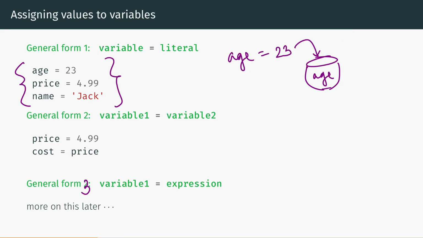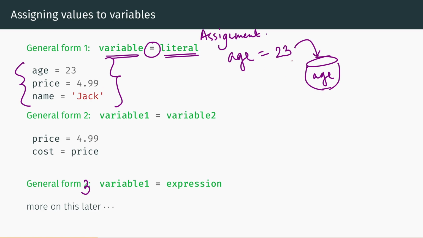So the general form is a variable, then an equal to, and then a literal. Variable equal to literal. This is called an assignment, because you assign the value of that literal to that variable.